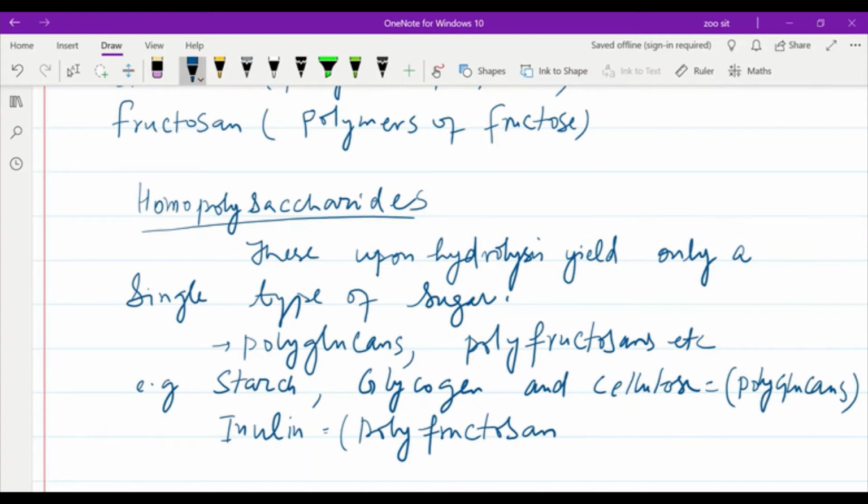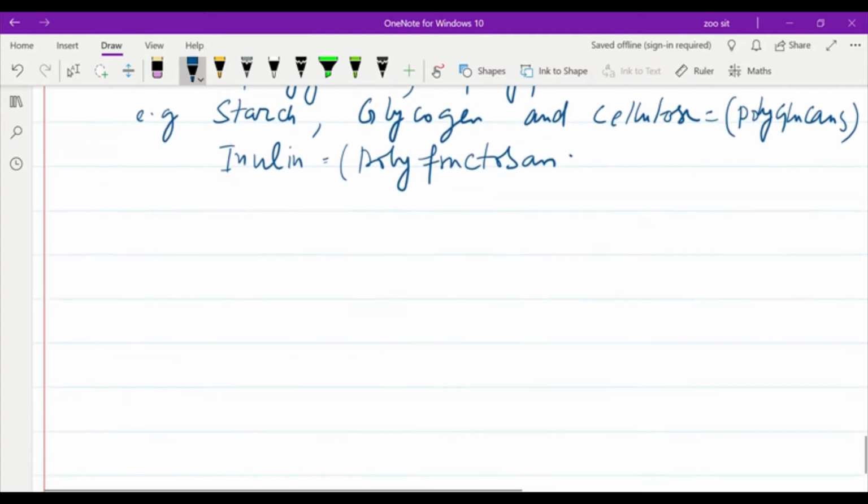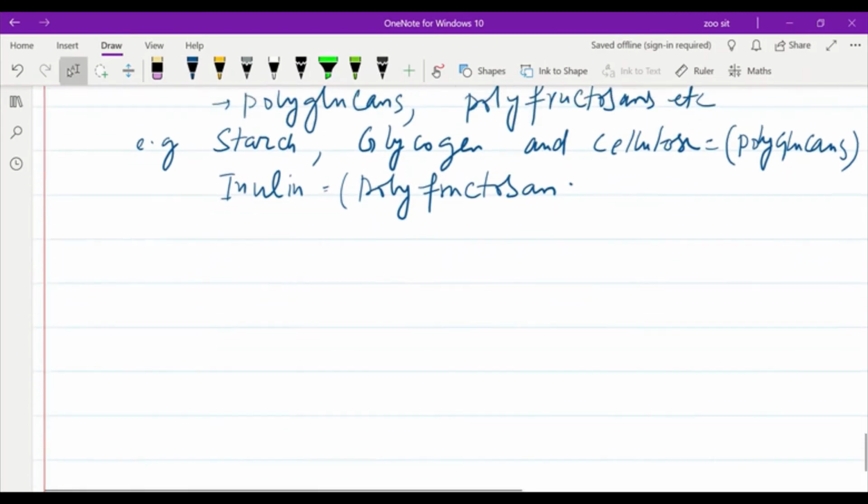Starch, glycogen, and cellulose are polyglucans, and inulin is a polyfructose, again a homopolysaccharide.